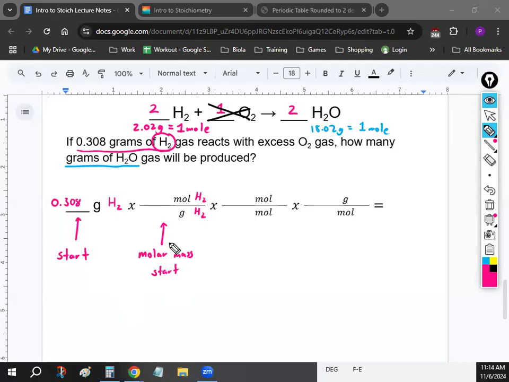Where should we put it? Yeah, the bottom, because that's where grams is. It's 2.02 grams, so we put 2.02 on the bottom. Okay, and that's why, if you guys remember last time we met, I told you to label the numbers, and this is the reason why. Because if you don't label it, you don't know whether to put it on the top or bottom, and then you'll get a completely different answer. And on the top, we put 1, because it's 1 mole.